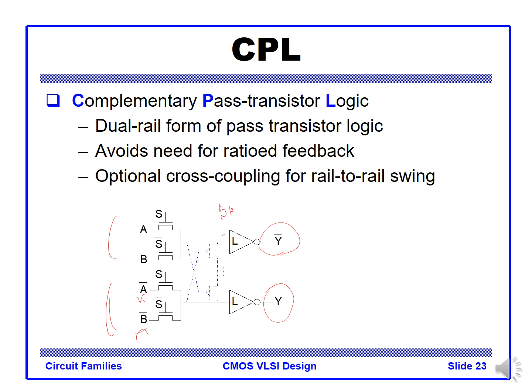For the keeper device, in the previous case we had this feedback, but because we have the internal negative value in there, we can add this kind of arrangement for the keeper device at the input, so that the output load will not see the keeper device parasitic. So we can have this kind of cross-coupled keeper device in here, right?